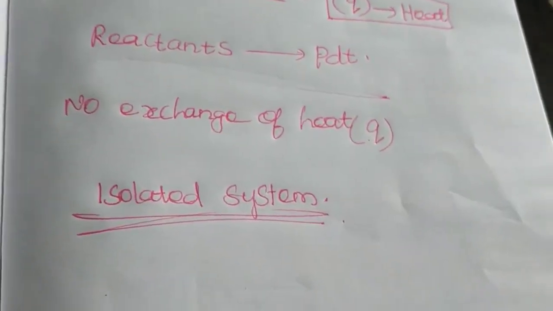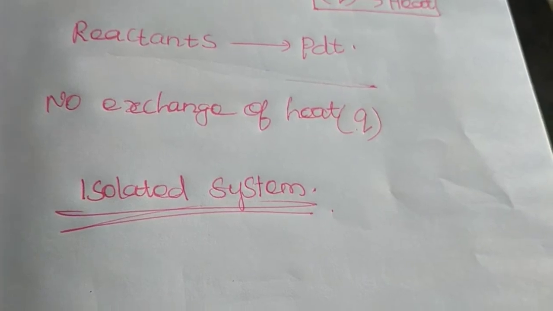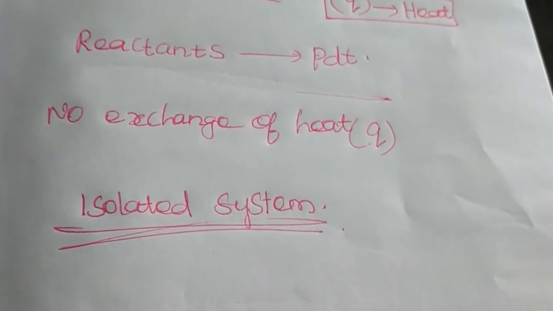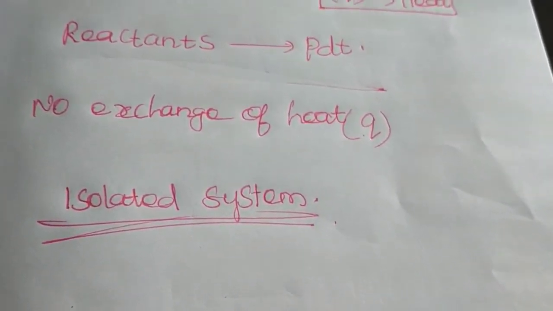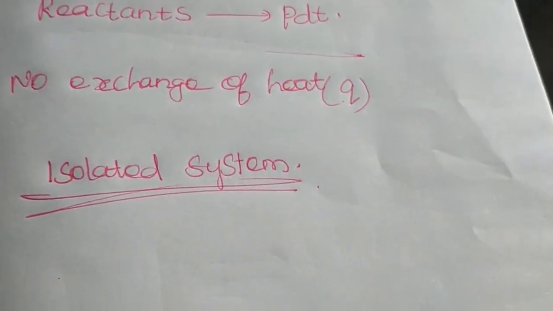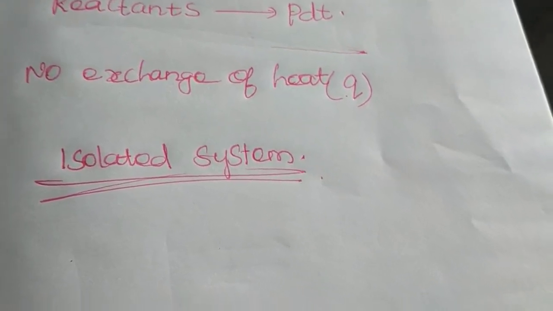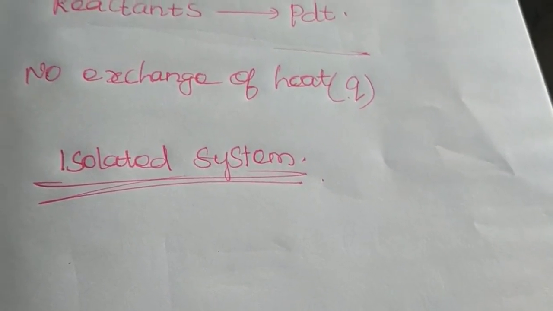You can take a thermoflask. The thermoflask is an example of an isolated system. You can observe that there is no heat change in this thermoflask. Why? Because if the thermoflask is fully closed, then there is no heat change.